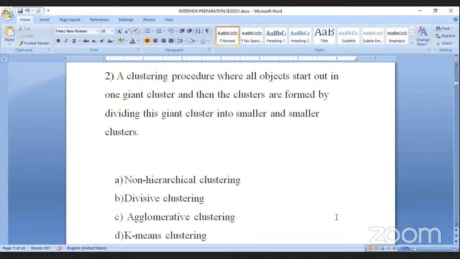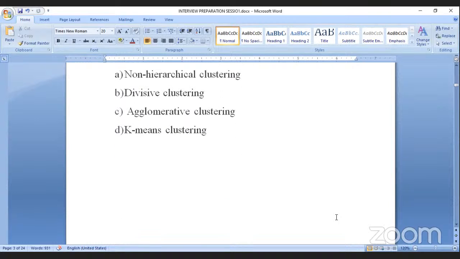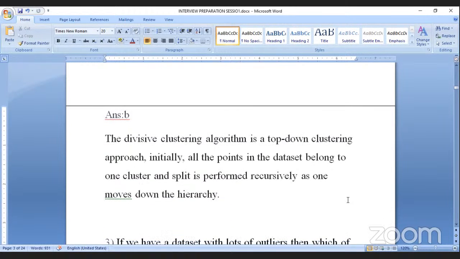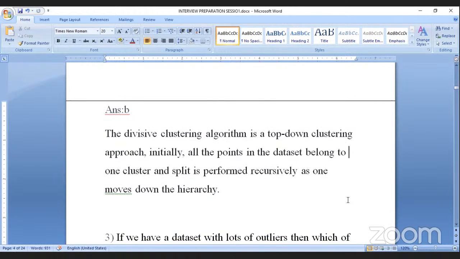Okay, we can move to the answer. So, the correct answer is option B. Okay, it is divisive clustering. It is nothing but the top-down clustering approach. Initially, all points in the dataset belong to one cluster and then split recursively. Yeah, good try.